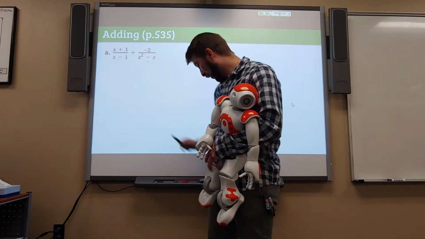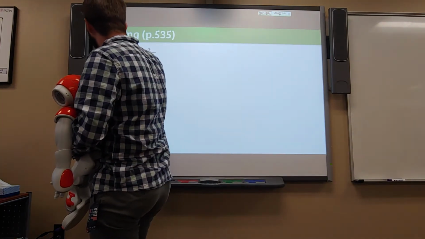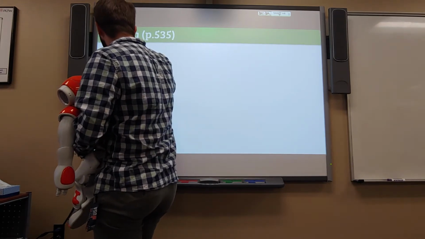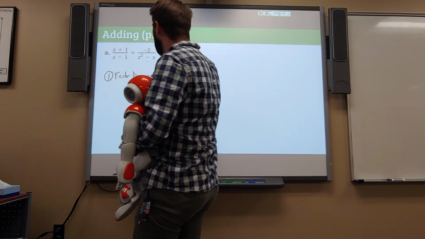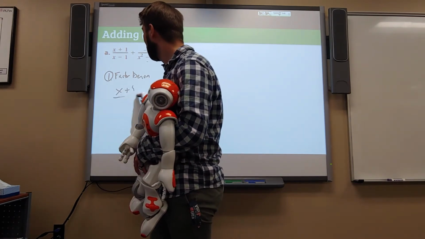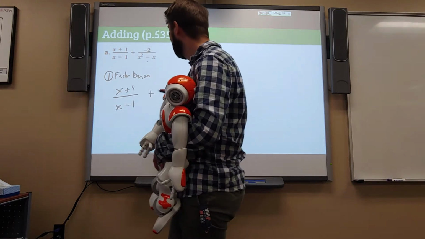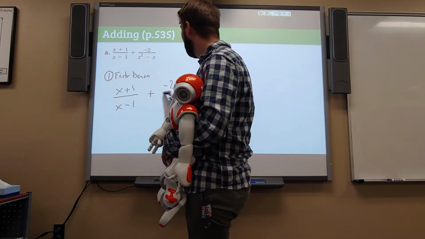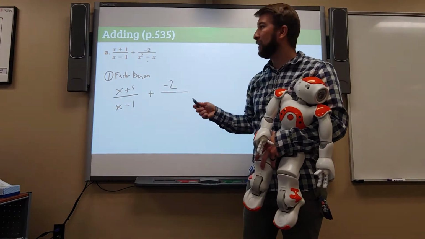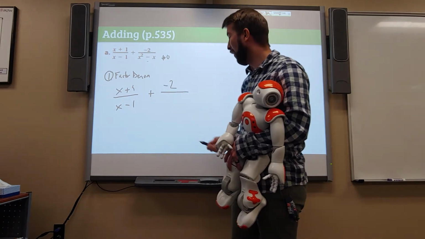I've already got this part done, so I'm going to say step 1. Factor denom. Okay, I'm just going to call that denom. X plus 1, x minus 1, that's good as it is. I've got a negative 2 there. And then my x squared minus x, and this is sort of like a plus 0.